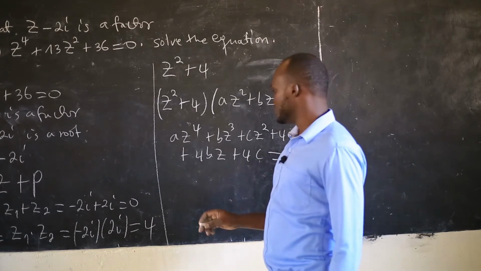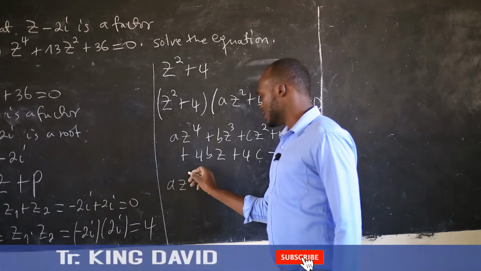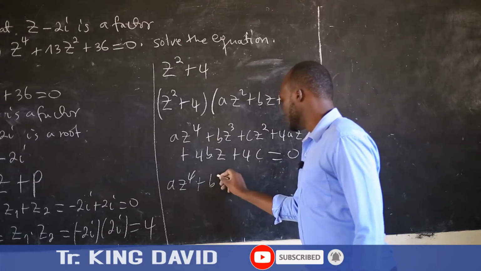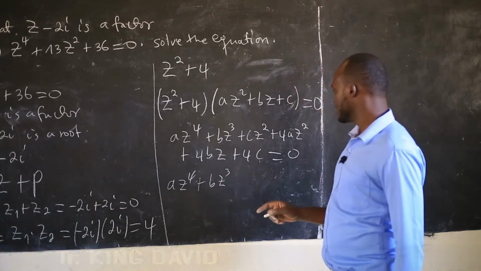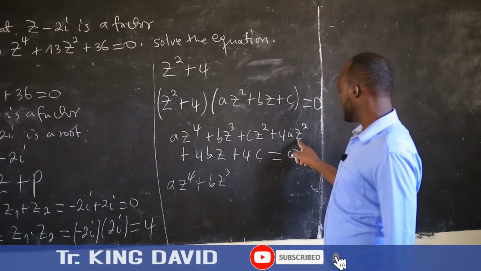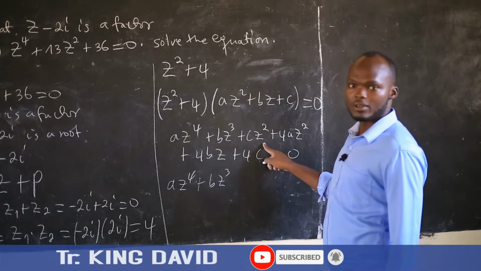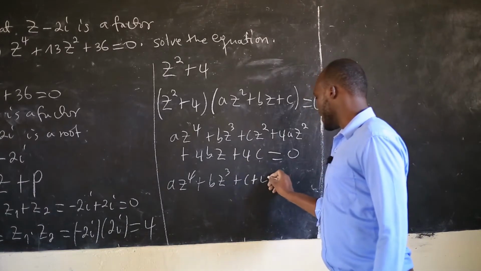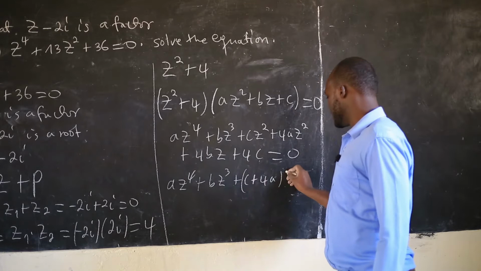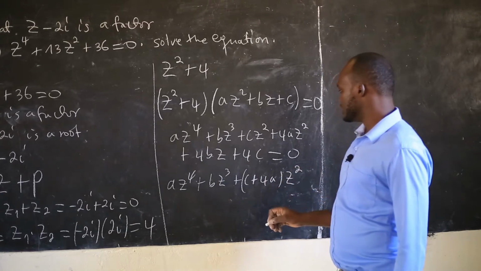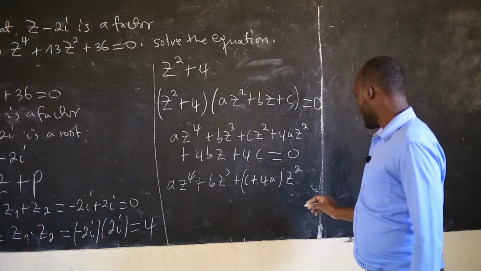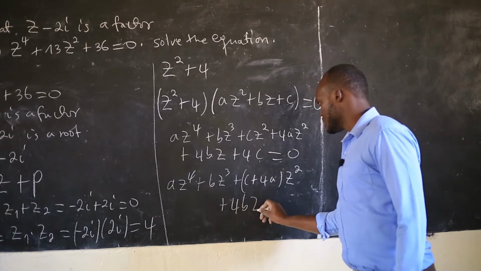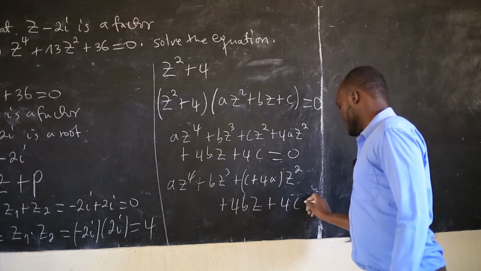So meaning that it will be az power 4 plus bz power 3, then for cz squared, we take z squared out of the bracket, it becomes c plus 4a into bracket z squared, then plus 4bz plus 4c equal to 0.